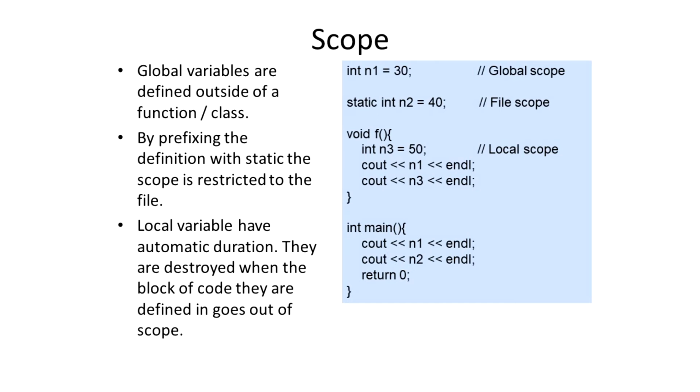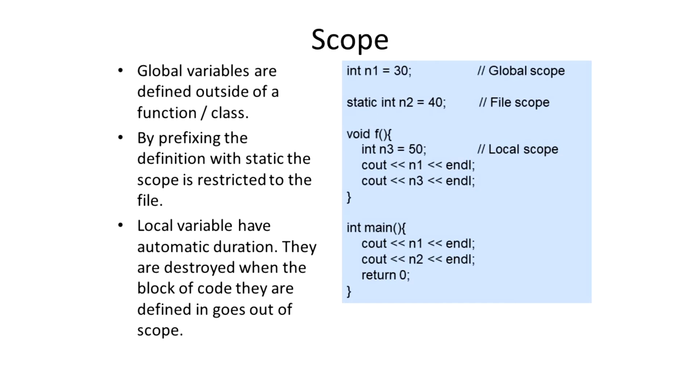If you look at the first line in the blue box, int n1 has a value of 30, but notice that this is assigned outside of the function f and the main function as well, and it's declared above those 2 functions, more importantly, meaning that it's then accessible to all of the code below its declaration. So function f can see it and the main function can see it. All right, it has access to it.